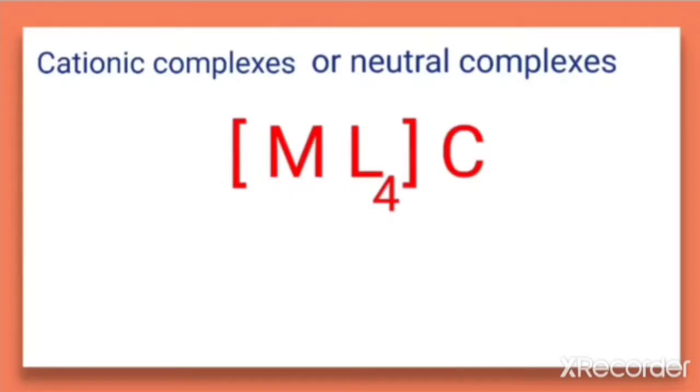After the central metal ion in the formula, the ligands are written. I am representing the ligand with L, and 4 ligands L are there. So in the formula, the metal is written first, then the ligand with its number, and after closing the sphere, at the end the counter ion.